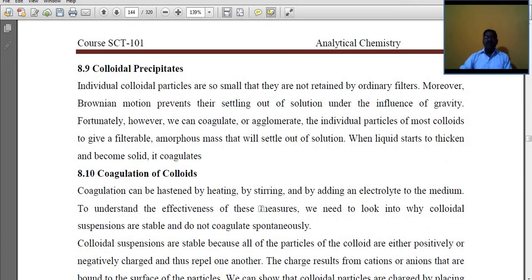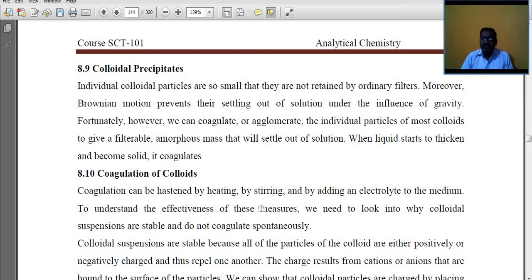What are colloidal particle precipitates? The individual colloidal particles are so small that they are not retained by ordinary filters. Moreover, Brownian motion or Brownian movement prevents their settling out of the solution under the influence of gravity, because the particles move in a zigzag motion.